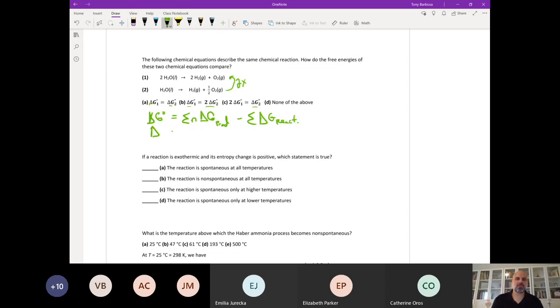For delta G1, for the first reaction, we're going to have 2 times the delta G of H2 plus 1 times the delta G of the O2 minus 2 times the delta G of H2O, right?